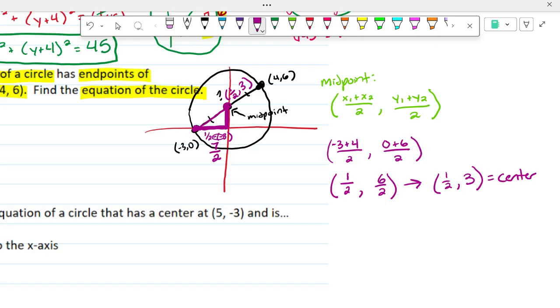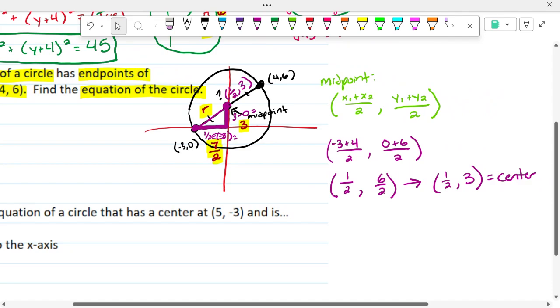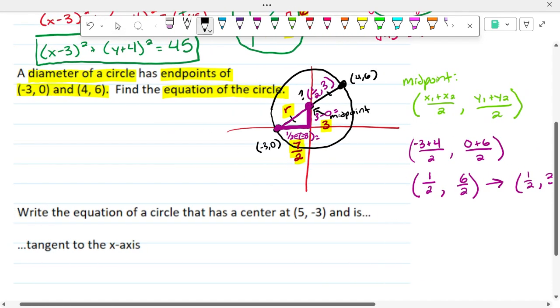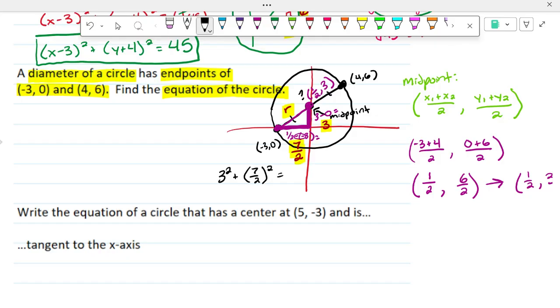All right. Now, this one over here, we have 3 minus 0. So that's just 3. And then we're finding r. So we're going to put these numbers into our Pythagorean theorem. So this would be 3 squared plus 7/2 squared is equal to r squared.